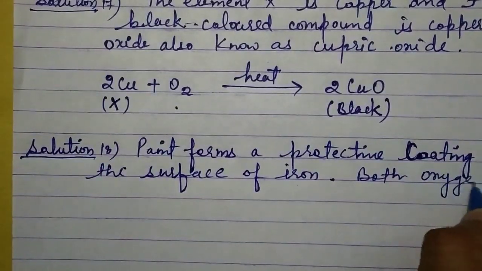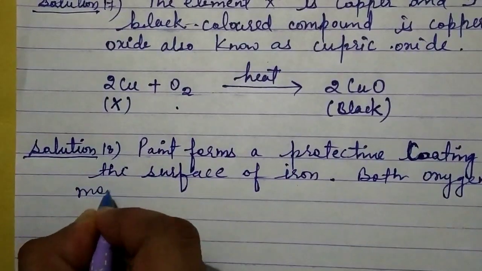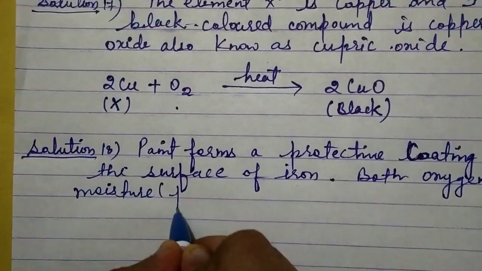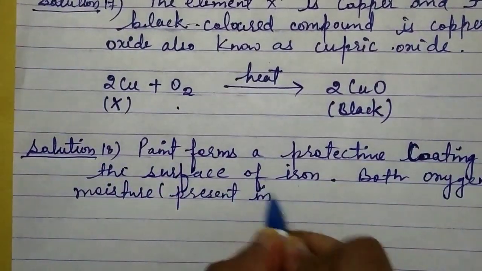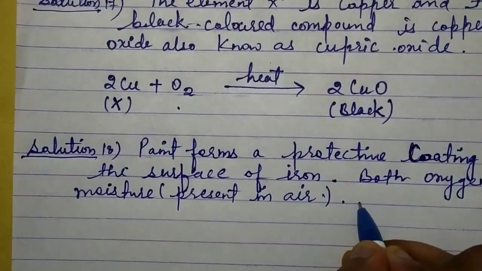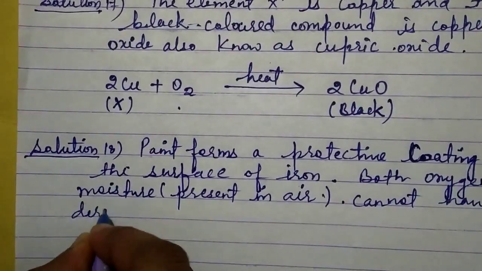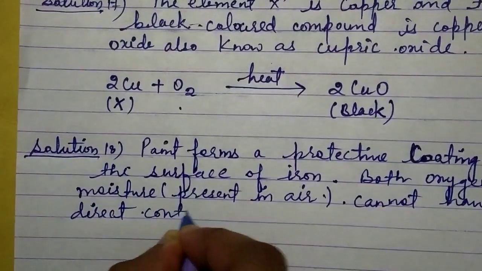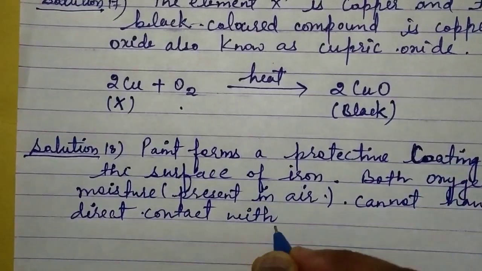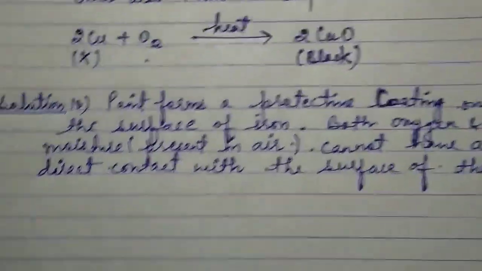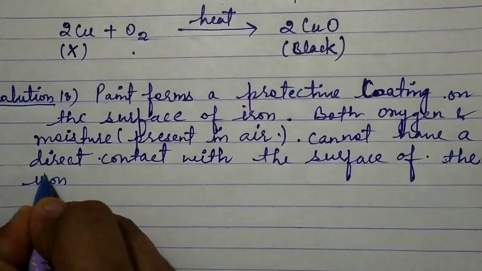Both oxygen and moisture, the moisture present in air in the atmosphere, cannot have a direct contact with the surface of the iron metal here.